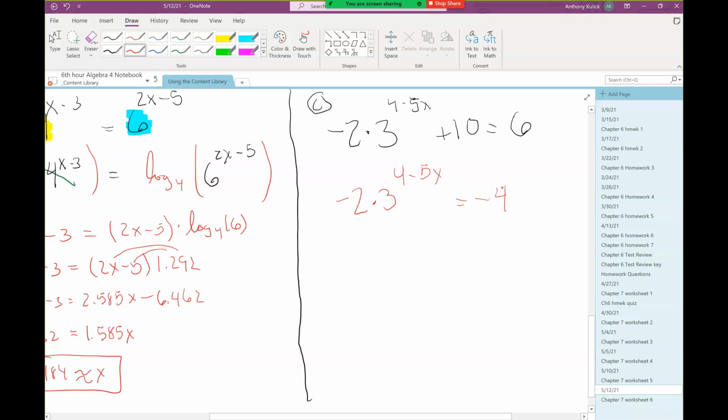And then we'll divide by negative 2. And now this problem is basically an easier version of example B.